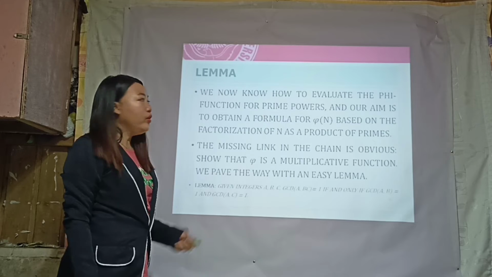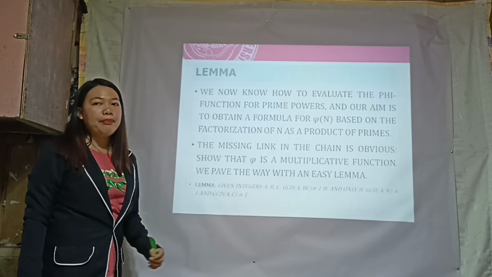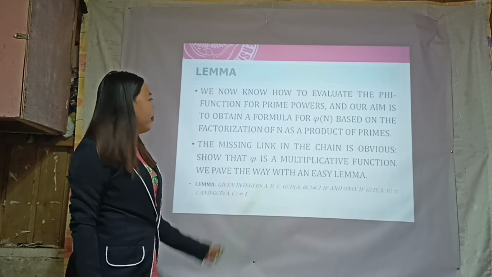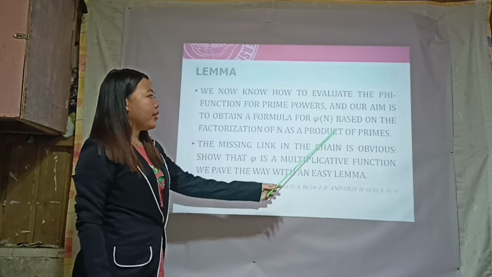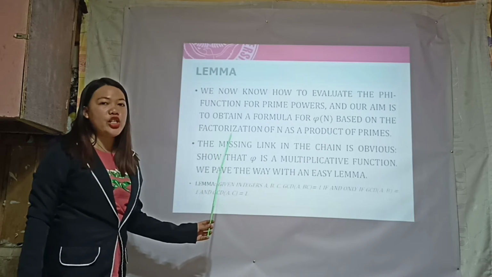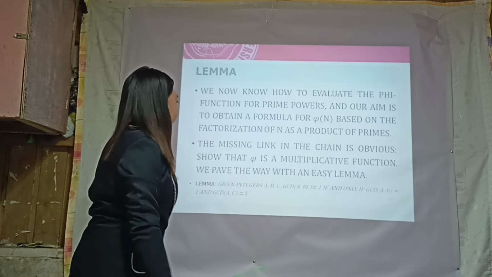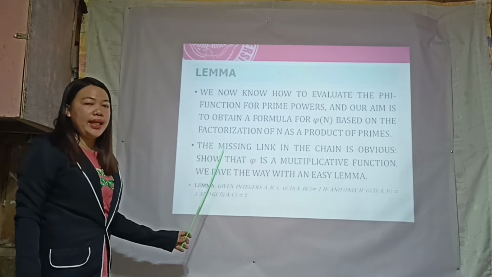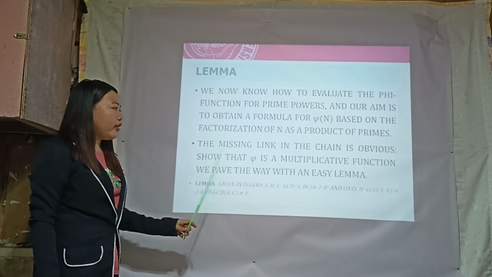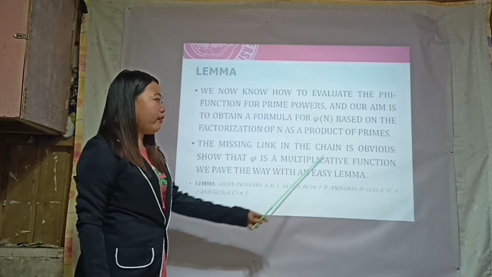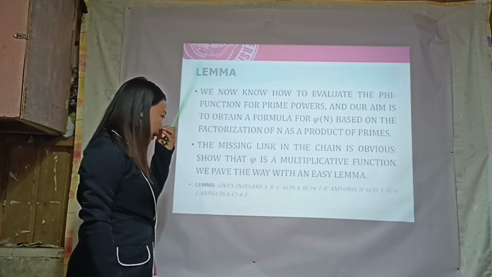We now know how to evaluate the phi function for prime powers, and our aim is to obtain a formula for phi of n based on the factorization of n as a product of primes. The missing link in the chain is obvious: show that phi is a multiplicative function. We pave the way with an easy lemma.